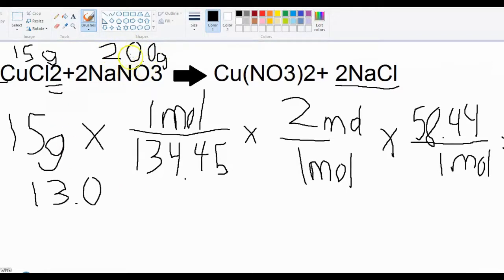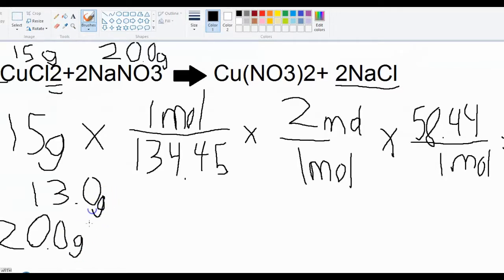Then we have another given, which means we have to do it again. Same thing, 20.0 grams, that is grams too.